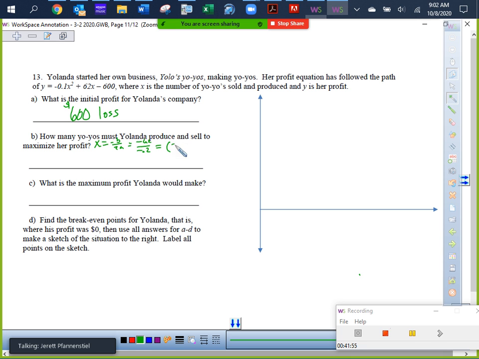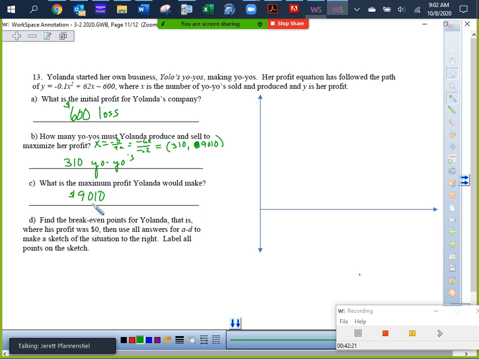And then what is our y value once you get 310? 9,010. Is that what we're coming up with? Yes, no, maybe? Cool. All right, so for her maximum, how many yo-yos should she sell? 310 yo-yos, and the maximum profit of $9,010.